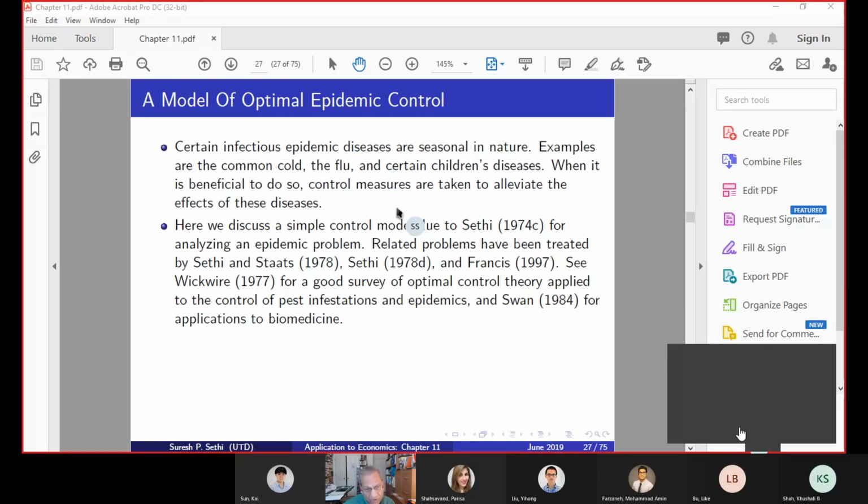So this paper has an interesting history, in the sense that when I was teaching the course at Rice University, somebody wrote a paper and I wanted to grade that paper. In order to grade that paper, I had to go to the library and look for epidemic literature.